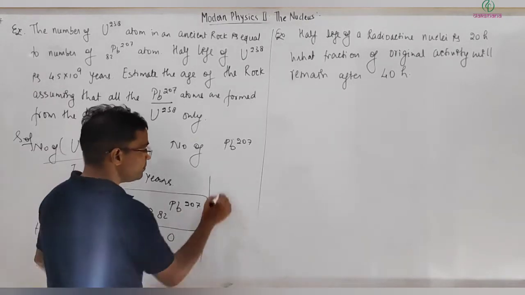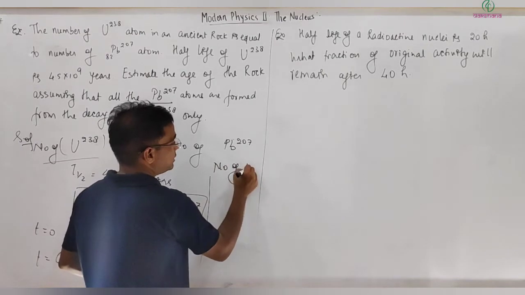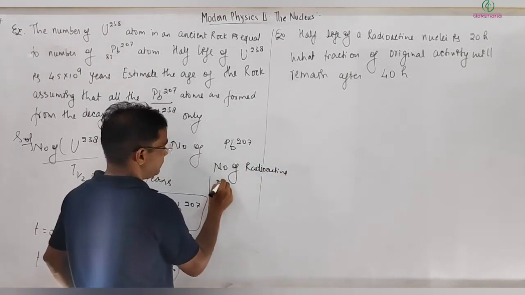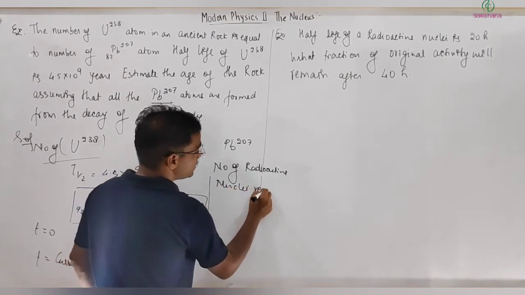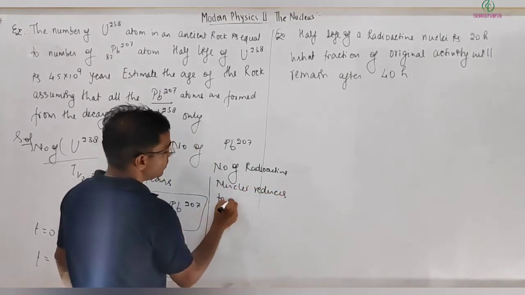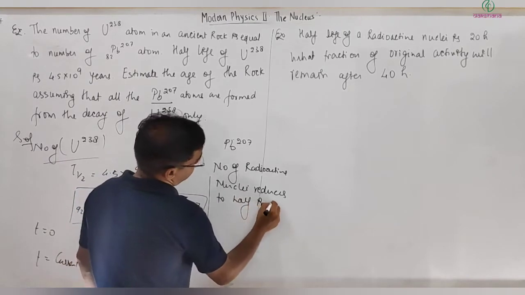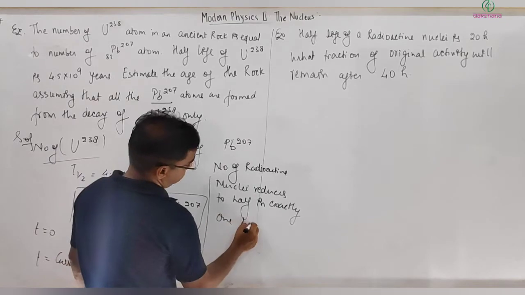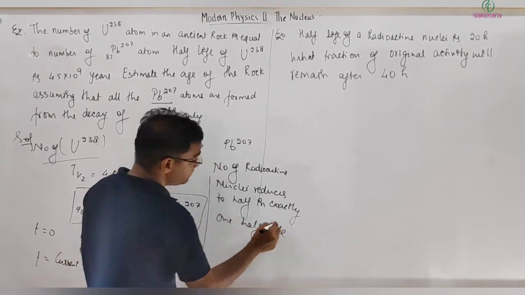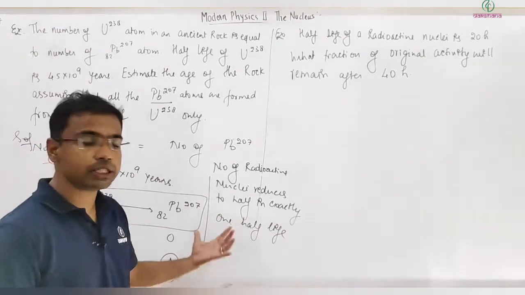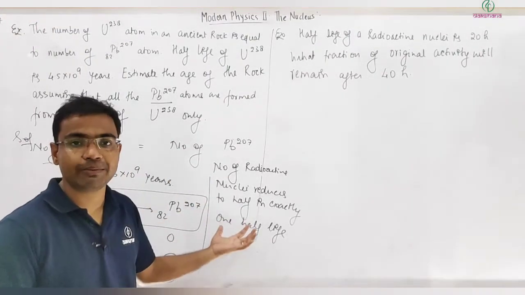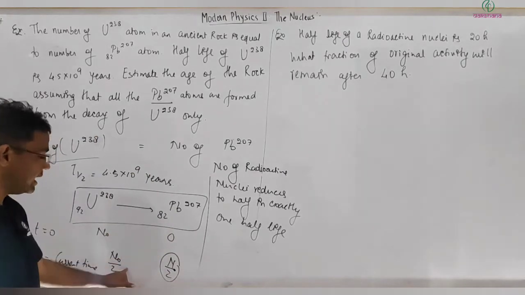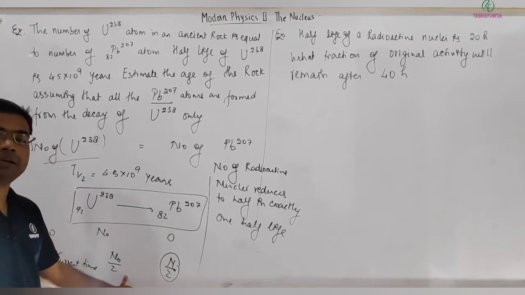So the number of radioactive nuclei reduces to half in exactly one half-life. What it means is, for how long the decay has taken place is simply the half-life, because in that time only the number of radioactive nuclei will become half.